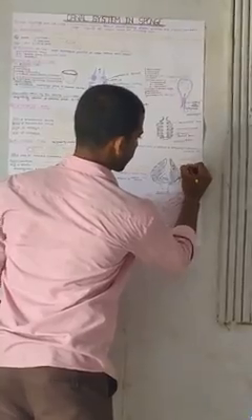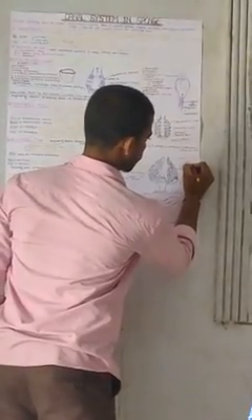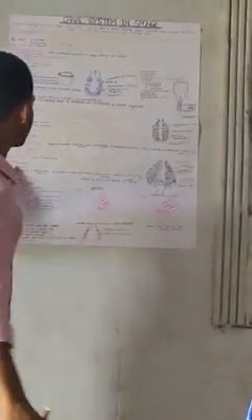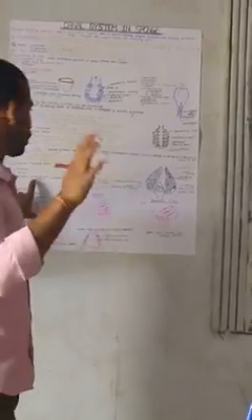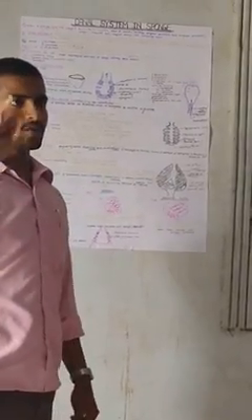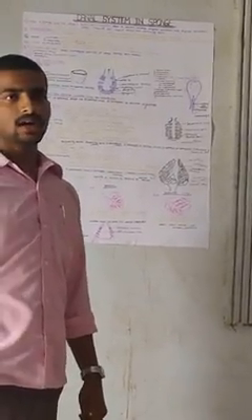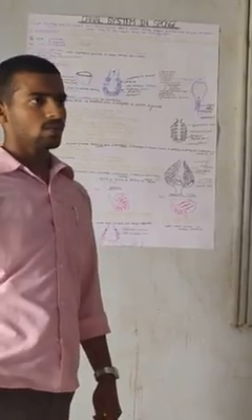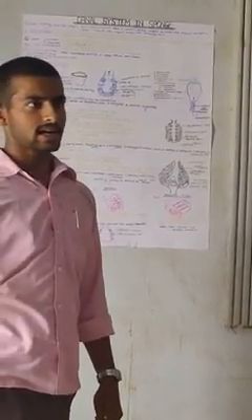Here is the large channel. Here is the water route: incoming water, then dermal pores or ostia, then the incurrent canal to the prosopyle to the flagellated chambers, then to the apopyles to the excurrent canal.